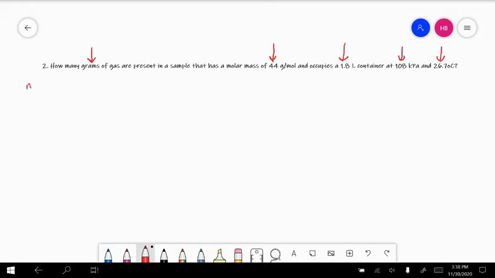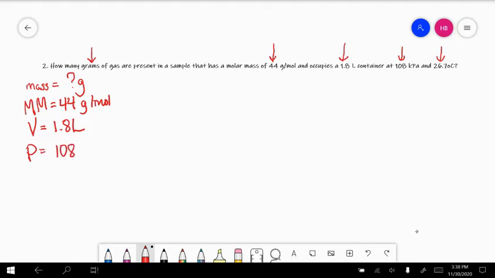Grams is a mass, so what we're solving for is the mass in grams. It's giving us a molar mass of 44 grams per mole, a volume of 1.8 liters, a pressure of 108 kilopascals, and a temperature of 26.7 degrees Celsius.